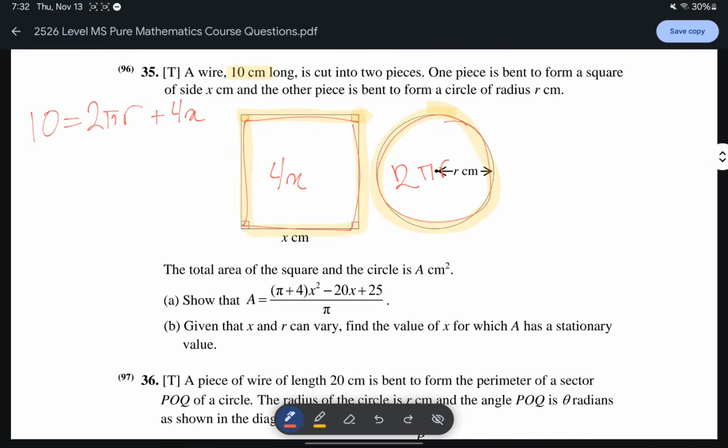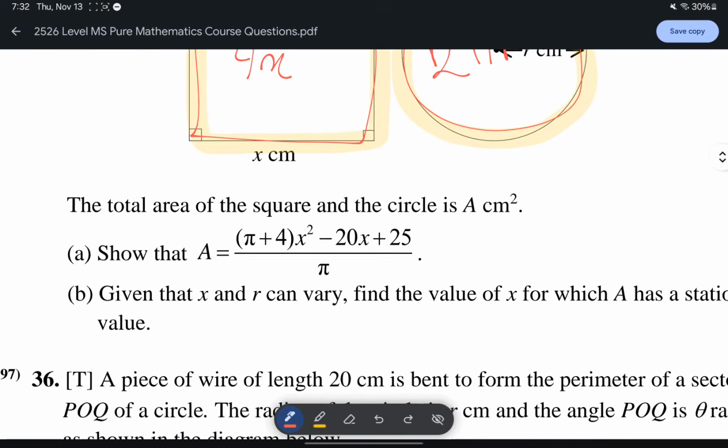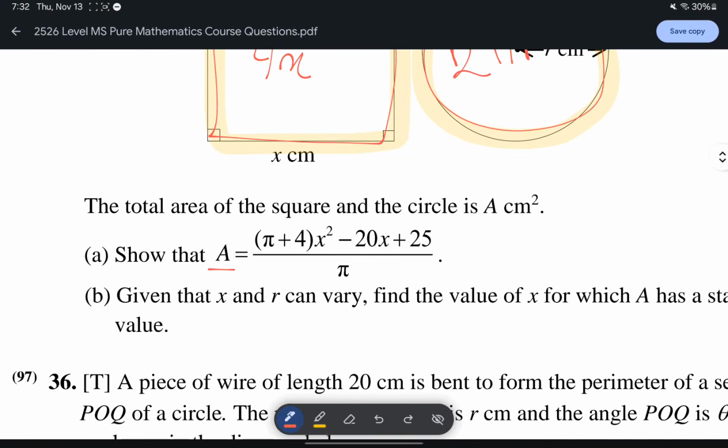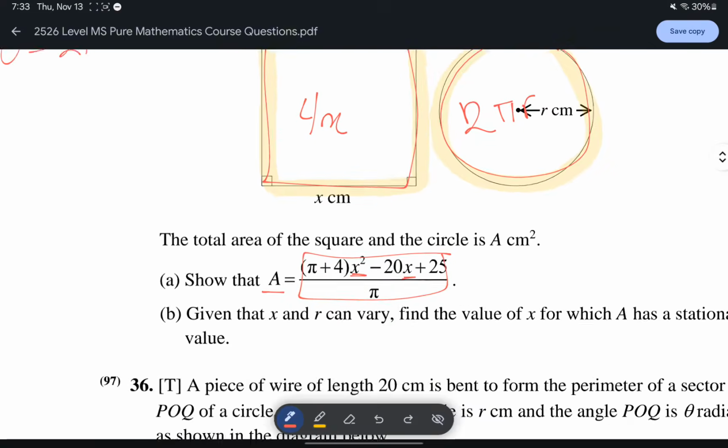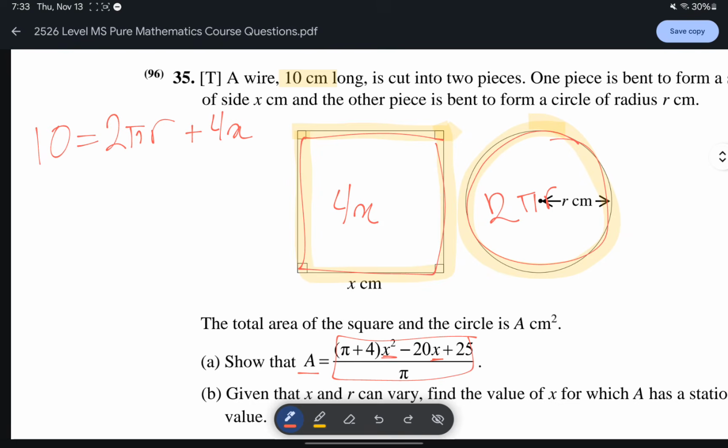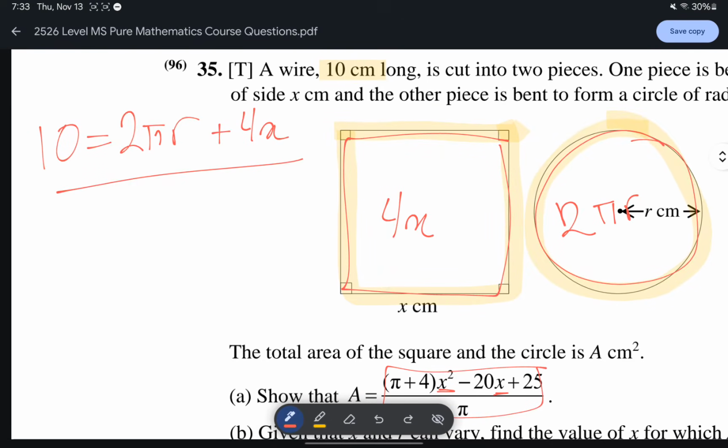Now look at our area equation. Everything in this equation is x, there's no r. That means we're going to isolate r, keep it on its own so we can substitute it out later. You'll get what I mean when we solve it.